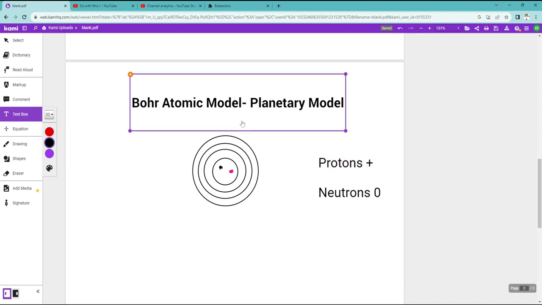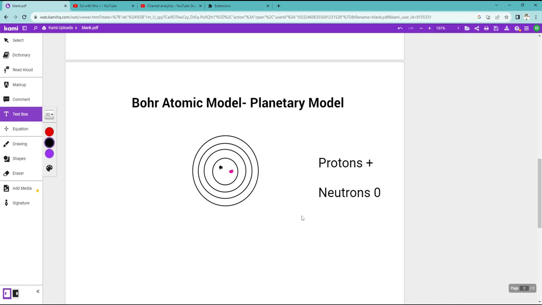And then around the atom, you're going to have electrons. Now, keep in mind, the Bohr atomic model, even though it's really good to use for teaching about the atom, is not entirely accurate. We now know that there is a more accurate depiction of the atom. When we got better technology and microscopes, we were able to see what the atom truly looks like.